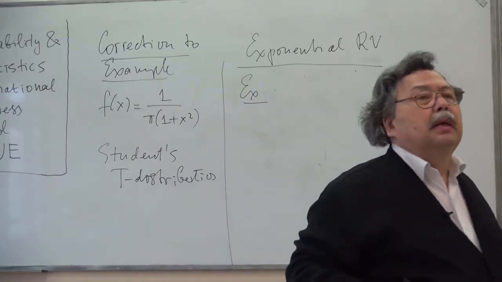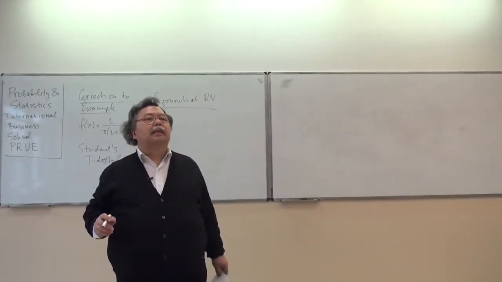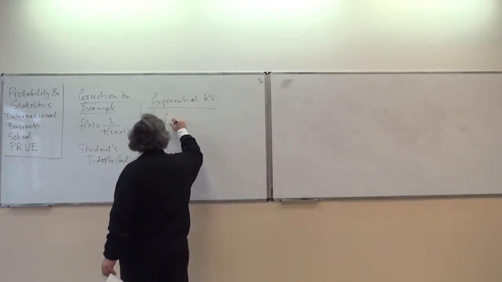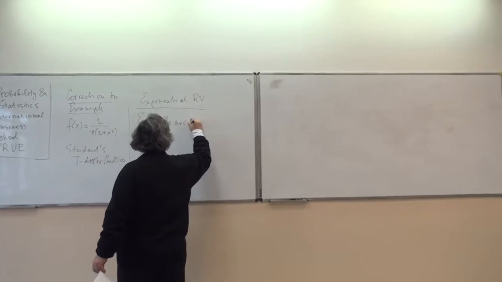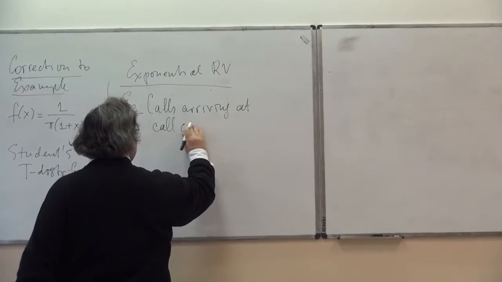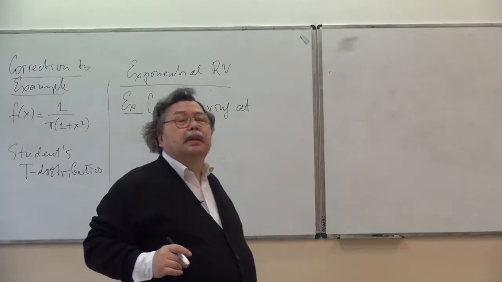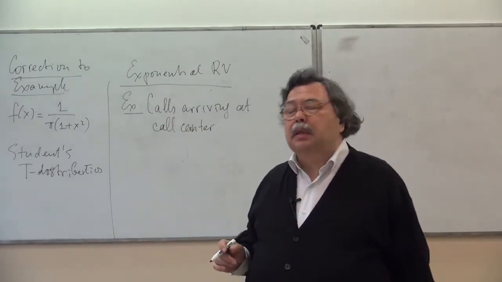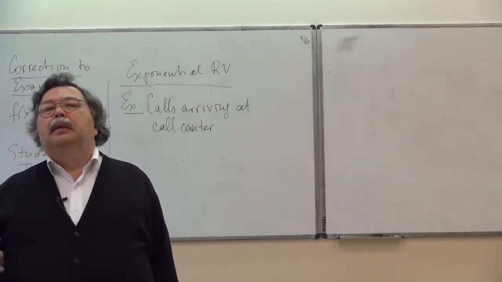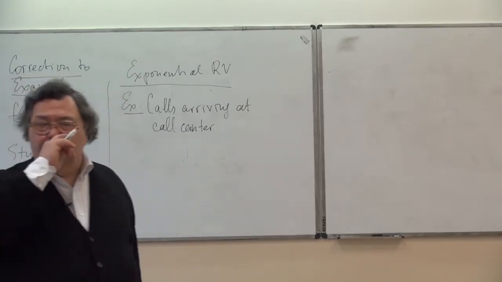Suppose we're interested in the distribution of phone calls that arrive at a call center or at a service center. This is a kind of process that can be modeled quite accurately by the Poisson distribution with a certain lambda that we take from the statistics.